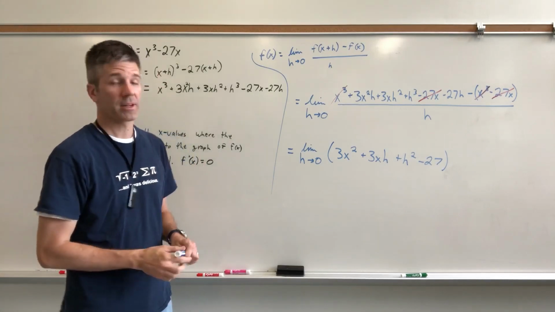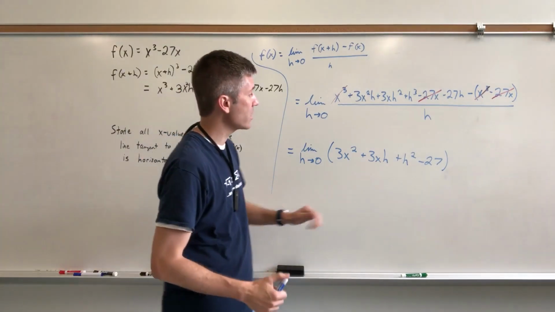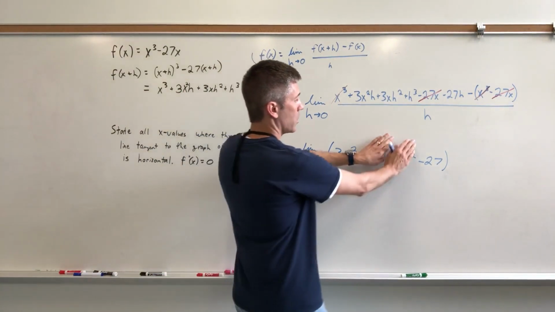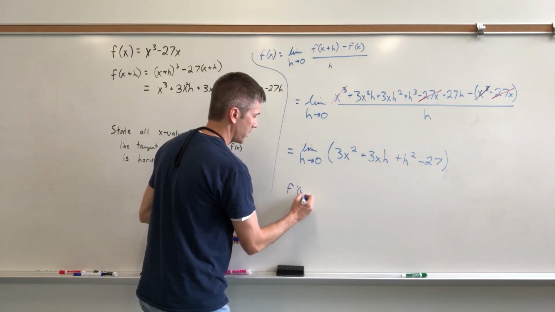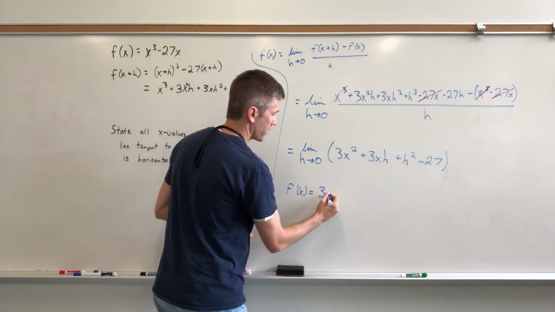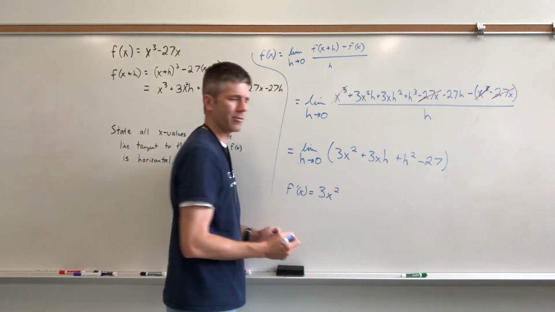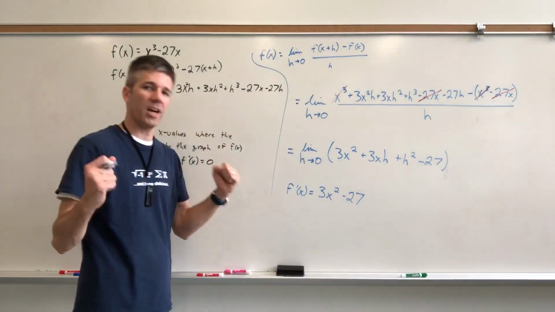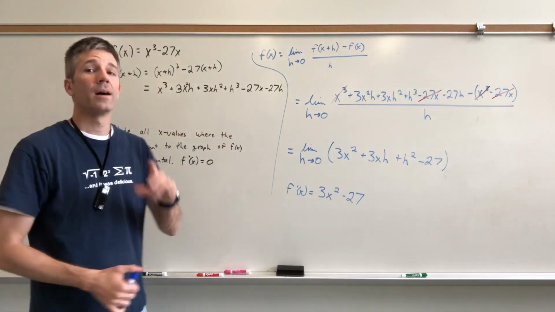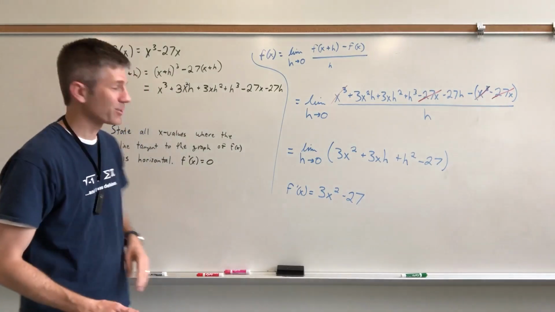Yes. We would not be dividing by 0. If we plugged in 0 for h, this term and this term would go away, and we would be left with our final derivative of 3x squared minus 27. Yes, we found it. That was beautiful. But we're not done.